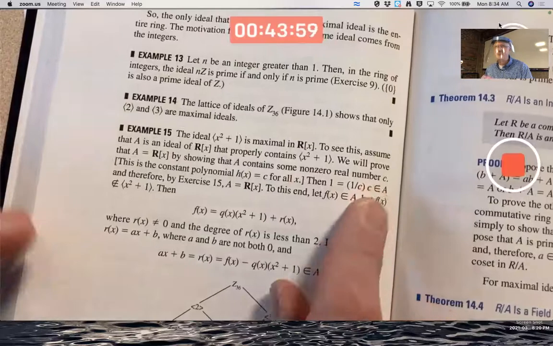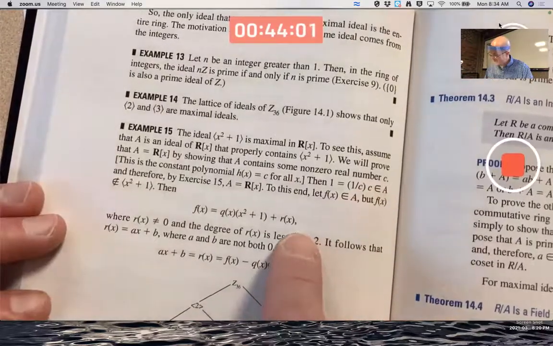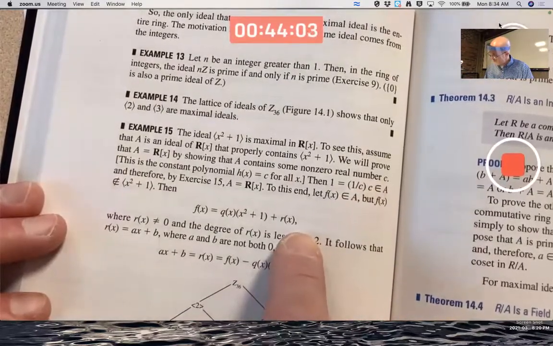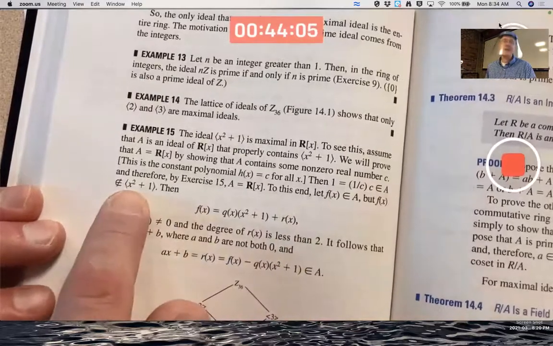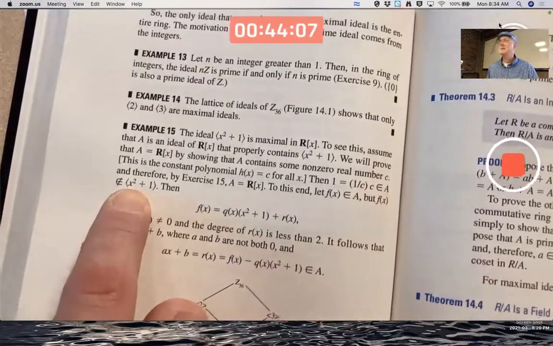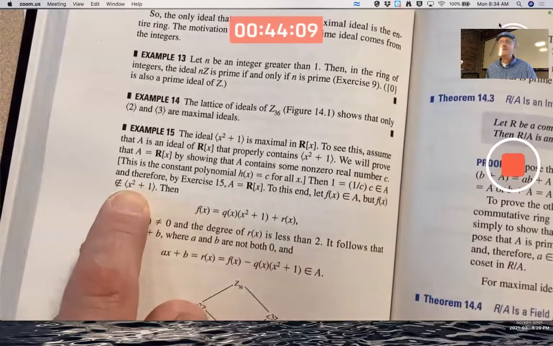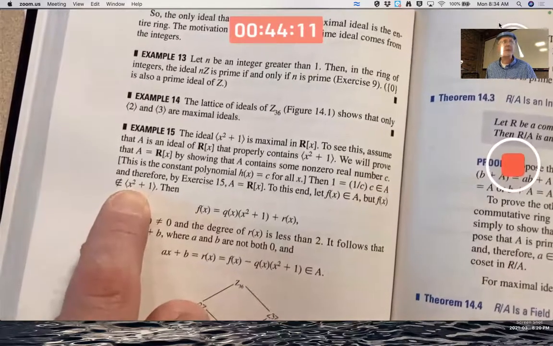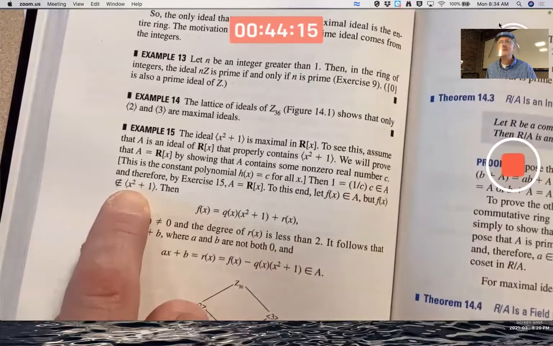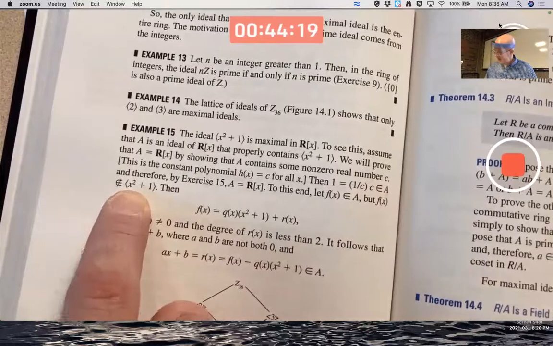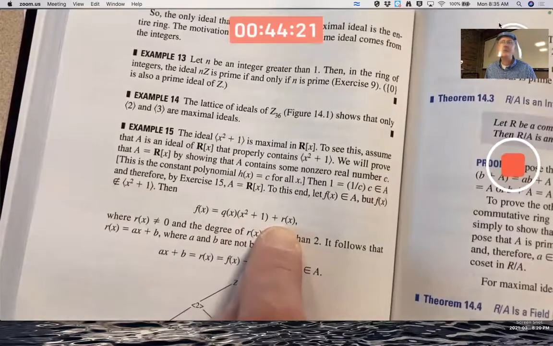But let's just try to confirm that we understand the steps. If f of x is not in there, what does that mean? It means it's not a multiple of x squared plus 1. x squared plus 1 is not a factor of f of x. That's what it means. So if we divide f of x by x squared plus 1, we have to get a non-zero remainder.